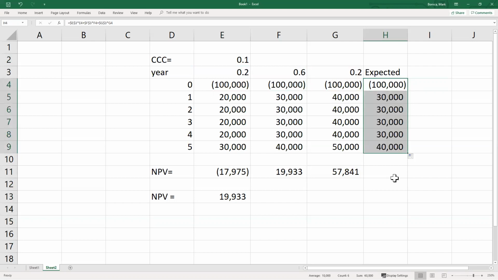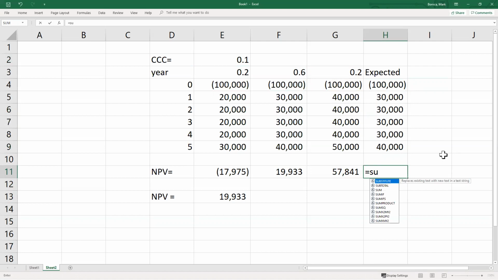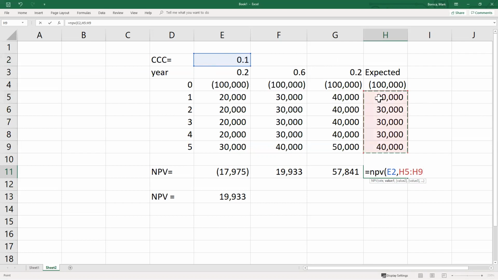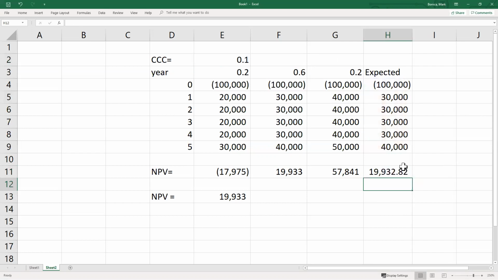Scroll down here, and then we do the NPV using these values. And notice that we get the exact same outcome.